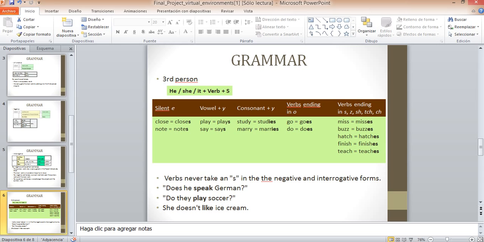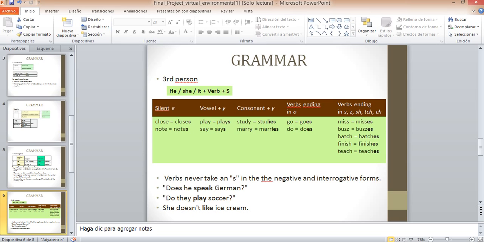In the third person, we can find some rules because depending on the ending, we should make an addition. For example, for silent e, we use an s, as we see here.